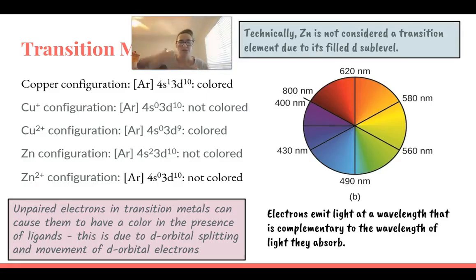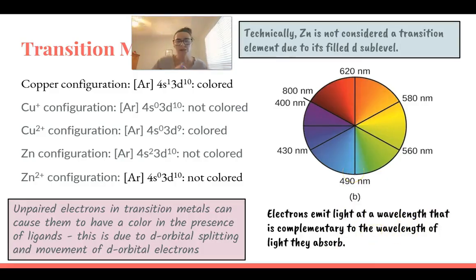And so because those d sublevels are now split, when the electrons move up to a different energy level, it's going to absorb light, right? And then it's going to affect the color that we see. So electrons are going to emit a wavelength that is complementary to the wavelength of light they absorb.